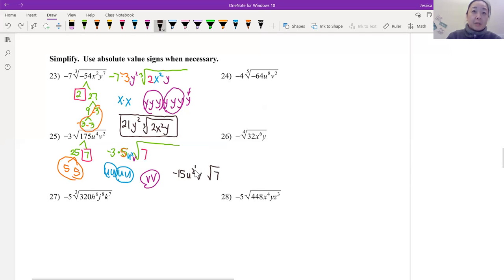So here we go, we're going to put in the absolute value right here. That's it, because the square root of 7 is always going to be positive. Some of you may wonder, well, this is a -15, so does it really matter? Yeah, because since the root radical is always going to be positive and you're multiplying by the -3, this answer should always be negative, right?